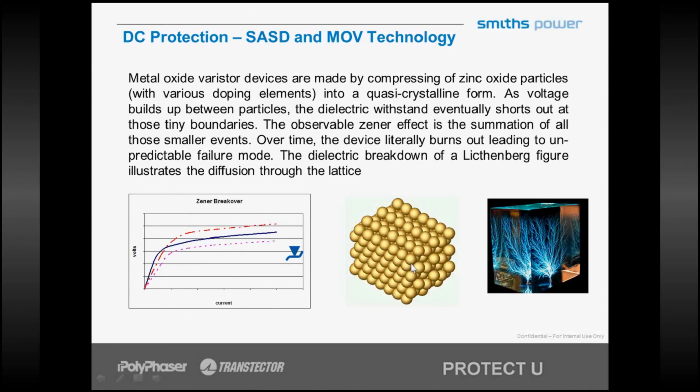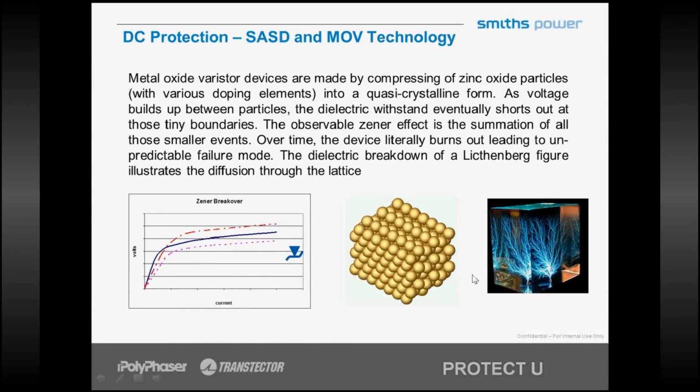Silicon avalanche has a great advantage that it is a true Zener junction and does not wear out or burn out or change over time. We rate our devices for the suggested surge levels through the IEEE, IEC, and Bellcore standards, and this gives us the ability to provide extremely low voltage control and longevity.